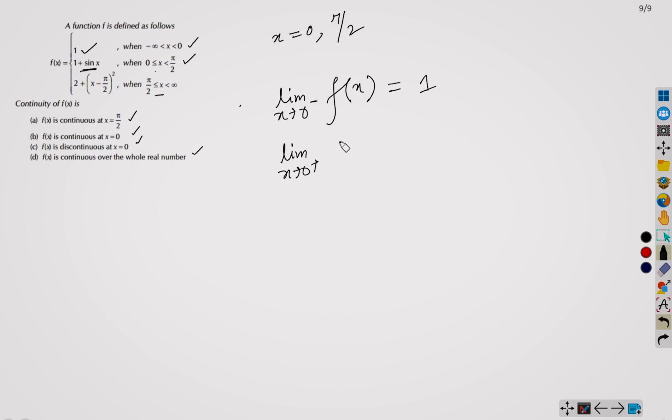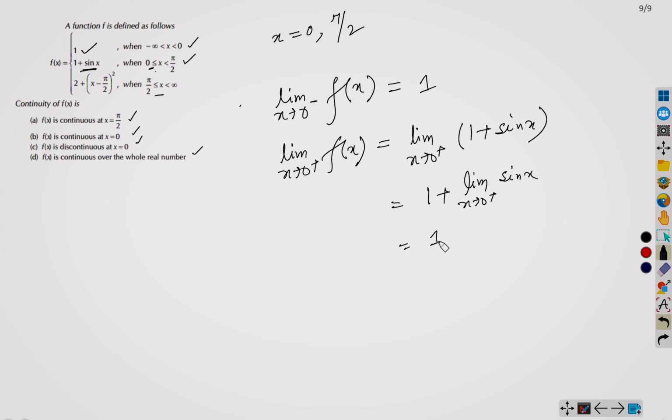Now x tends to 0 plus, the value of f(x) is 1 plus sine x, yes, when x is greater than 0. Substituting the value here, we obtain 1 plus limit as x tends to 0 plus of sine x, which is 1. Now observe that the left hand limit and the right hand limit exist, and they are also equal.